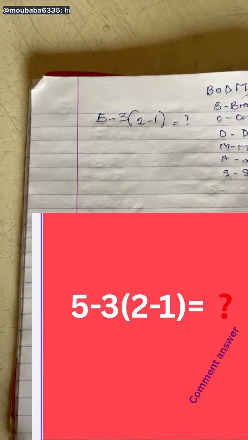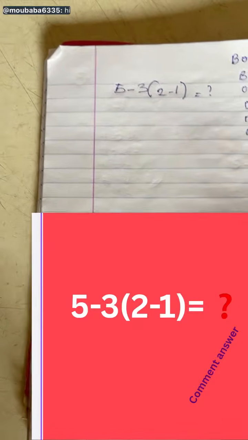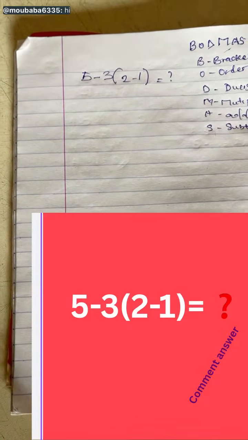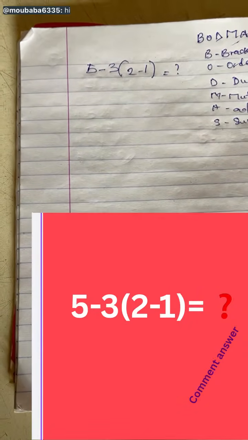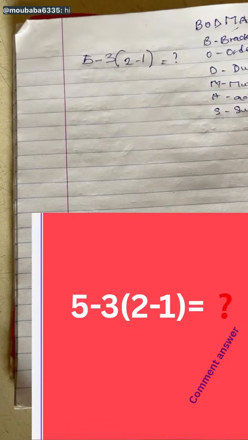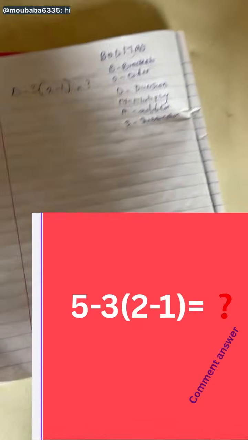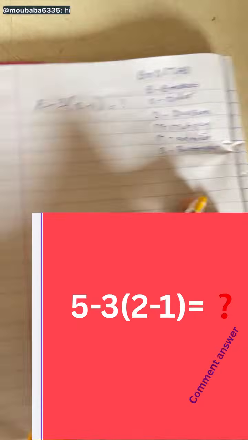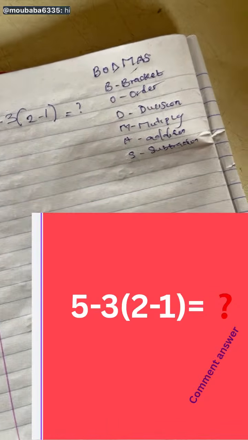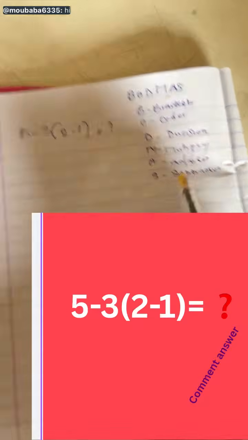So what are we going to do now? Who has any idea what we're going to do now? What we're going to do now is, for those who don't know, we'll start with the one in brackets.